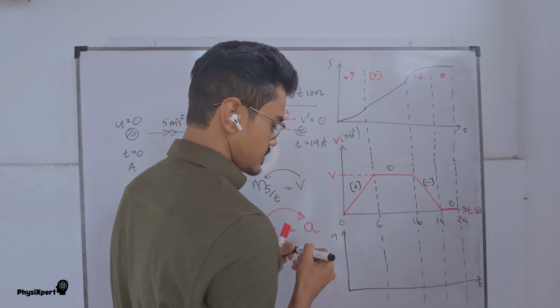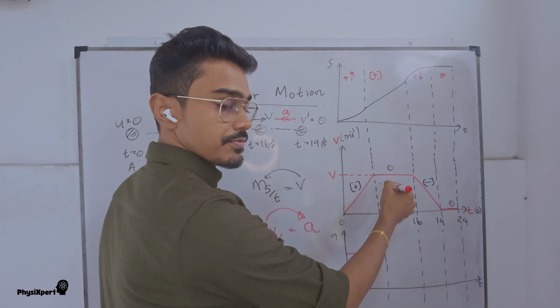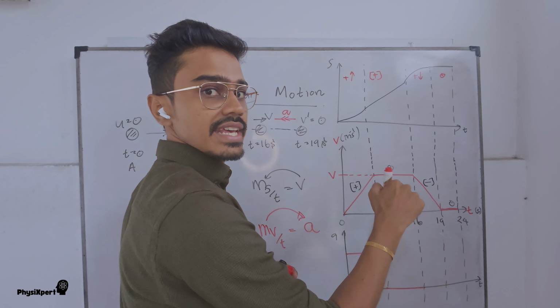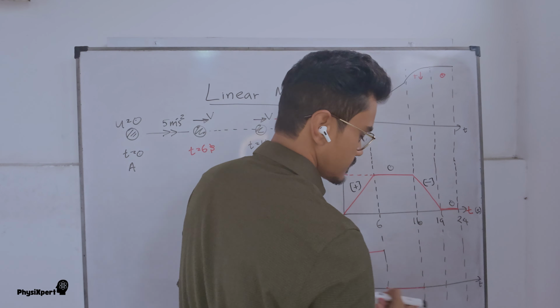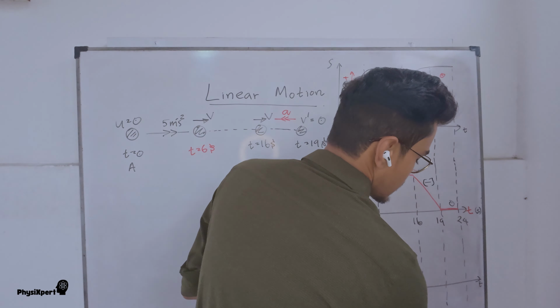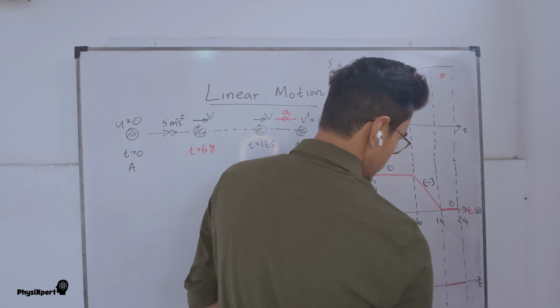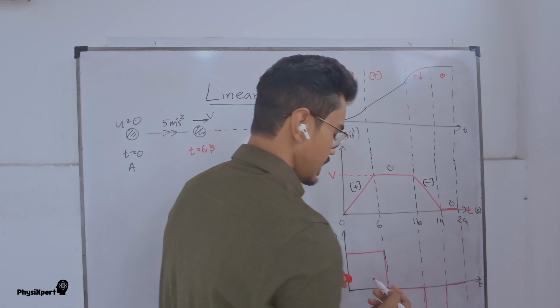Positive constant gradient means acceleration is positive and constant. If the gradient of VT is 0, acceleration is 0. If the gradient is negative constant, acceleration is negative and constant. And if it is 0, again 0. Then connect these lines, and you will get the respective AT graph.